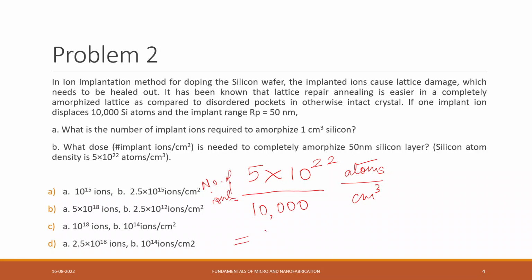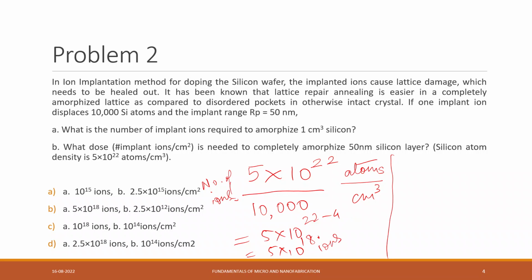So with this we get 5 into 10 to the power 22 divided by 10 to the power 4, which is 5 into 10 to the power 18 ions needed for displacing, basically amorphizing, 1 centimeter cube of silicon. That's the first part.